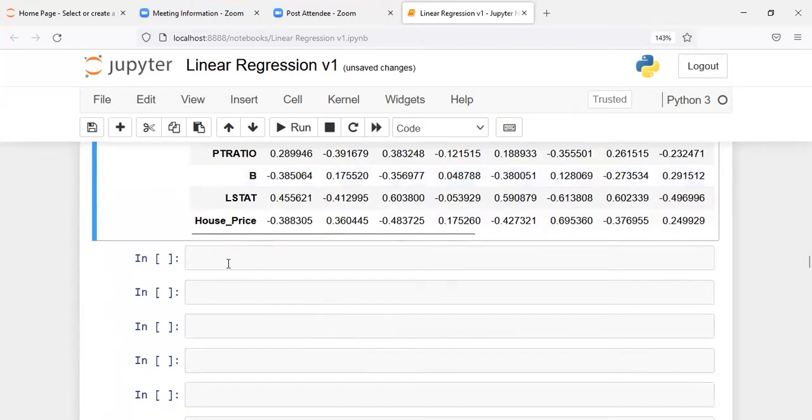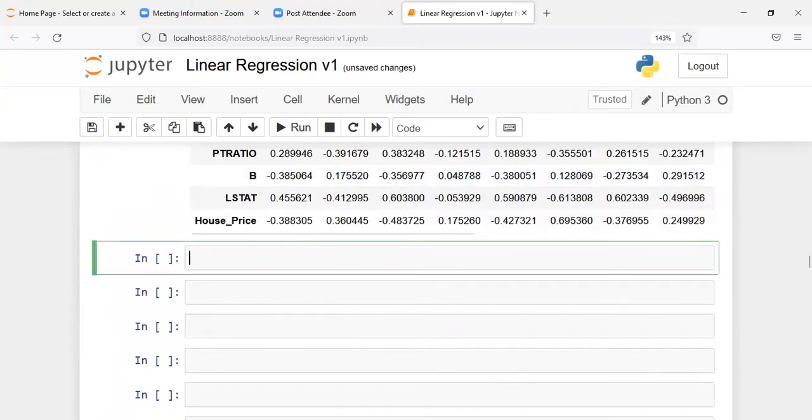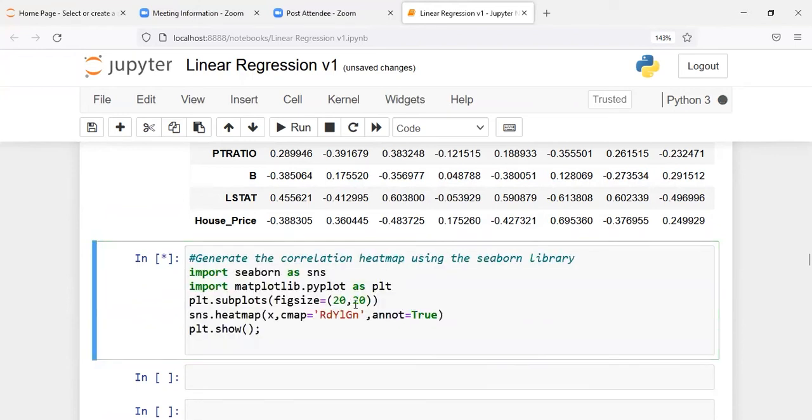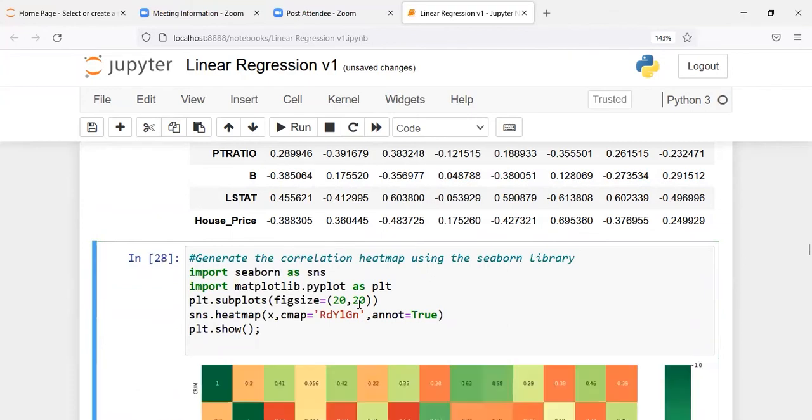I'll have to use the Seaborn package. Let me quickly use a heat map function and go ahead and generate the heat map for the correlation values.